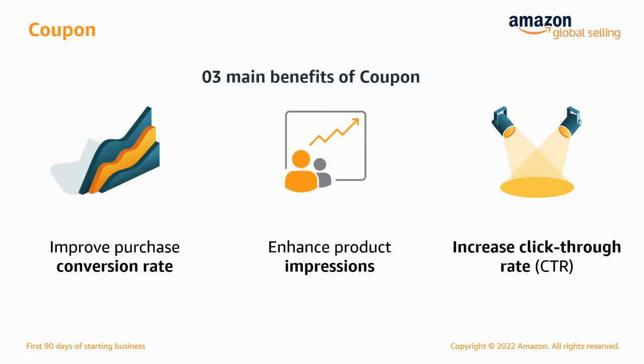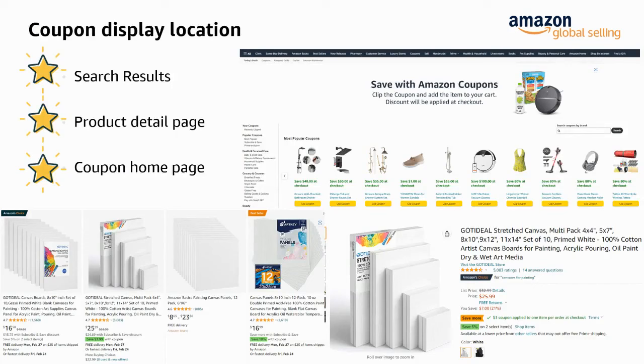Okay, now I'm going through the promotion features that are available. You can use coupons. These are the ones that you can use. I won't go too much into the benefits, but if you use a coupon, your listing will appear on a coupon page, so all the products running a coupon promotion will appear there, as well as on the product detail page, where the consumer can click or save the coupon.